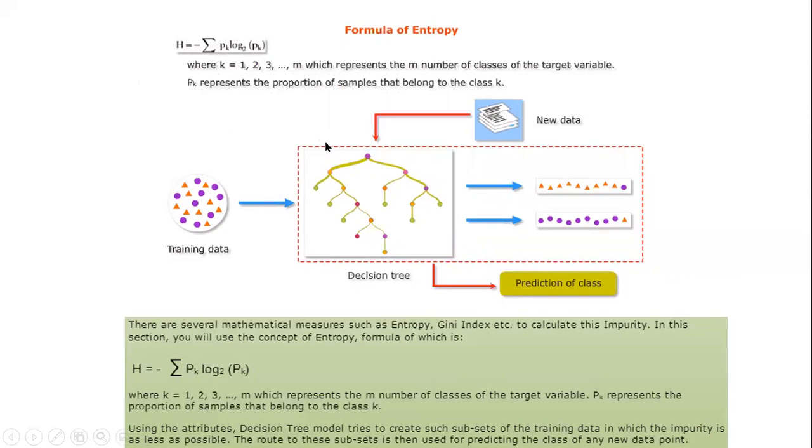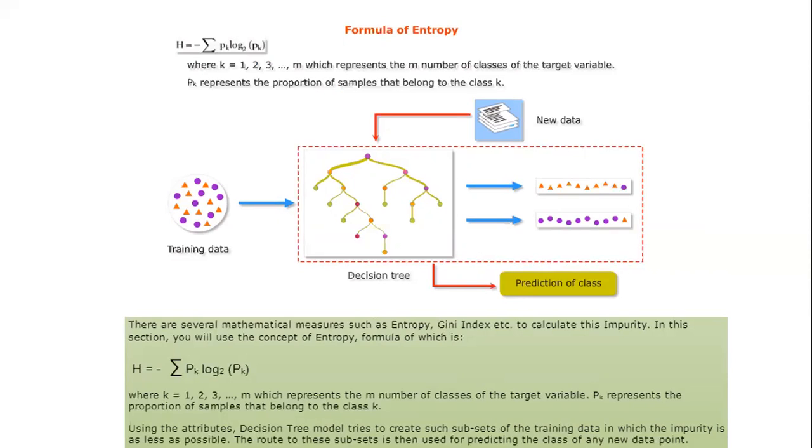Then this is just a picture to make you visualize what happens. Basically this is my training data, which will have yeses and nos, right? I just want to know whether we can play cricket this Sunday. I collected data for the whole month, the last 2 months, and I said, okay, when the weather was windy and the humidity was this much, and it did not rain, we could play cricket.